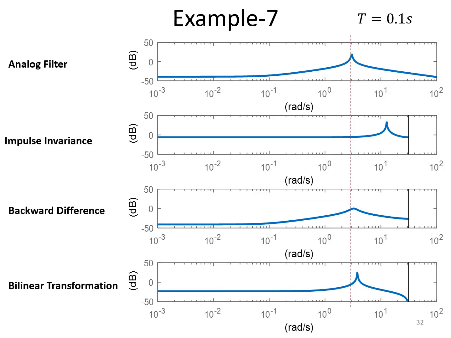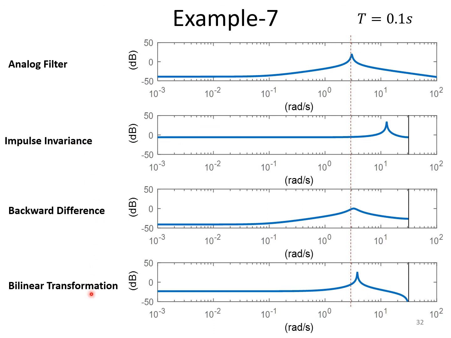And if you compare the magnitude response, you can see that in bilinear transformation, the shape of the response is quite close to the shape of the response of the analog filter. However, there is a slight shift in the resonant frequency which can be ignored, as compared to the impulse invariance method.